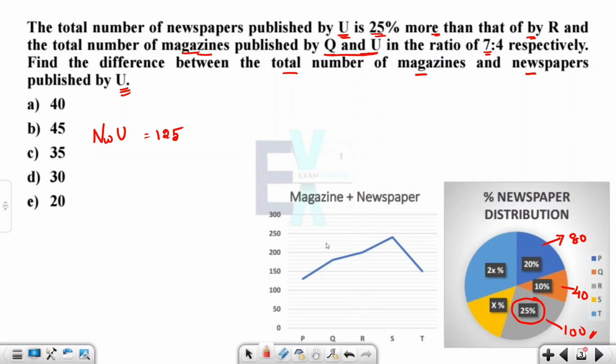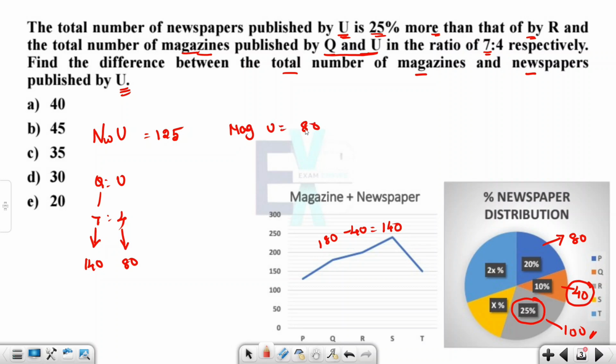What is Q here? It is 180. In that 180, 40 are newspapers, so the remaining 140 will be magazines. So if Q and U are in the ratio 7 is to 4, if 7 equals 140, then 4 will equal 80. So magazines by U is 80.